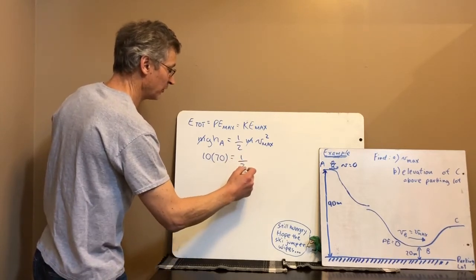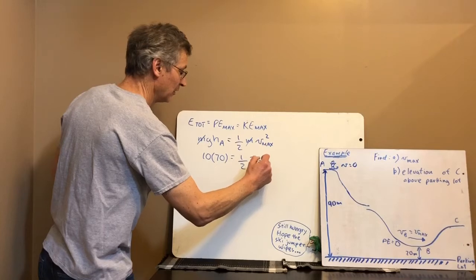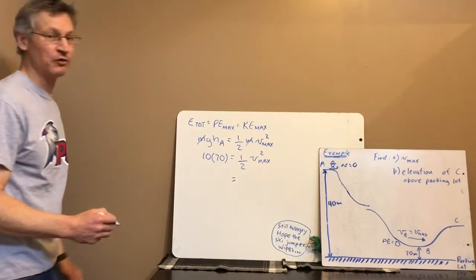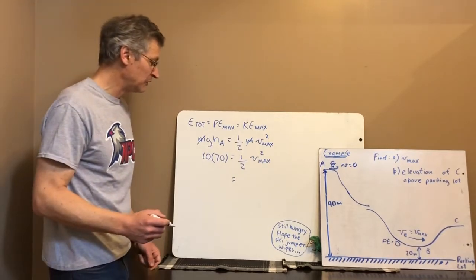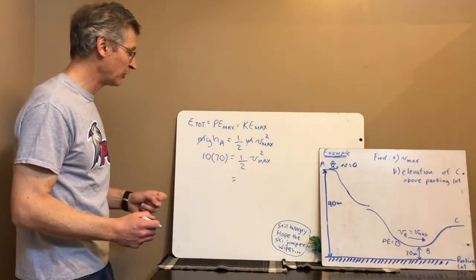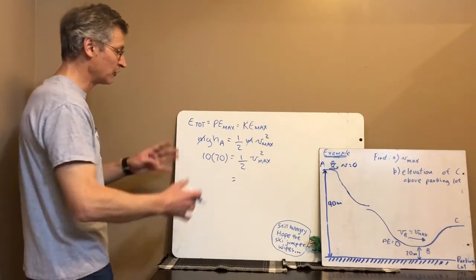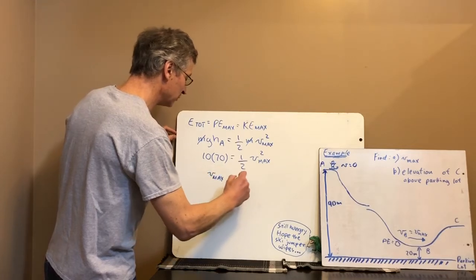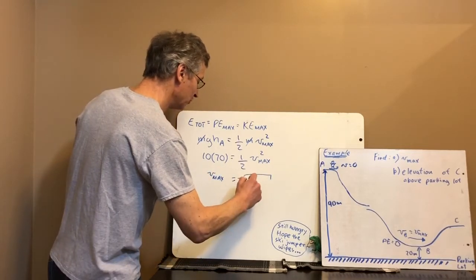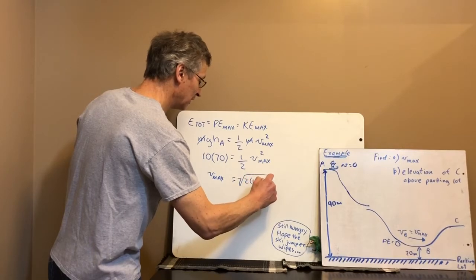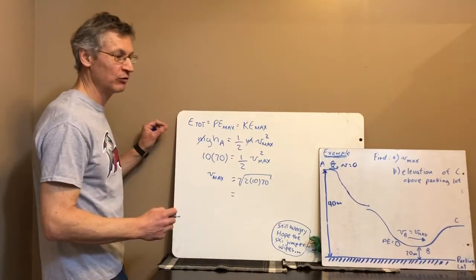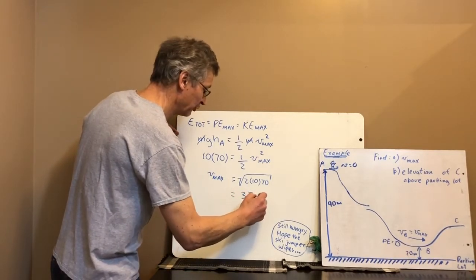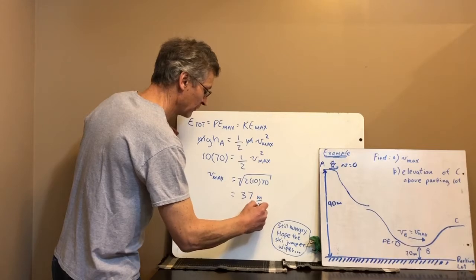Okay, don't have to do anything with that. Half, and we're trying to find V max squared. So all we got to do is solve this now. Well, piece of cake to solve it. Take the 2 over the other side, it goes upstairs, and then take the square root of everything over the other side, and you're going to be left with V max is equal to the square root of 2 times 10 times 70, and I believe that works out to 37 meters per second.